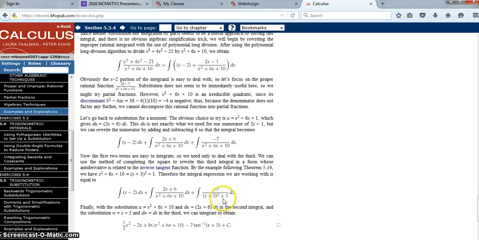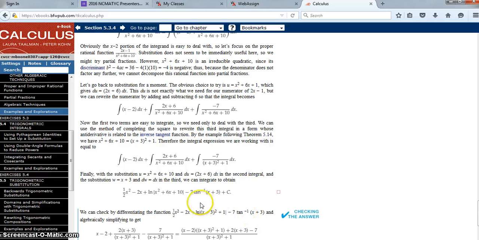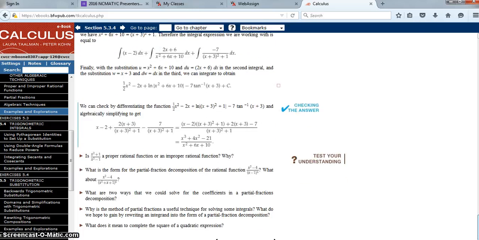We get something squared plus 1 on the bottom, because that turns it into an arctangent. The integral of 1 over u squared plus 1 is an arctan. So it's going back and looking at the derivative of an arctangent. So we'll look at a problem that involves that.